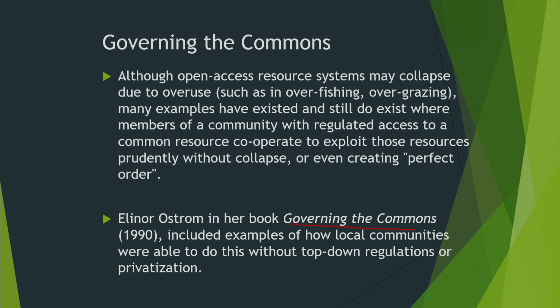Now what Elinor Ostrom discusses in her book includes examples of how local communities were able to do this without top-down regulations or privatization. It also shows how members of a community were able to regulate access to a common resource through cooperation, and cooperate to exploit the resource prudently without collapse, or even creating a perfect order.